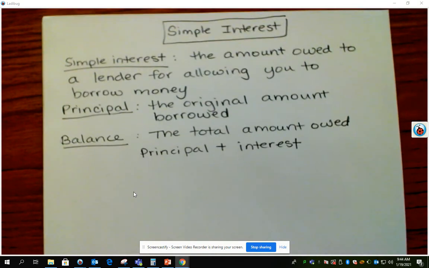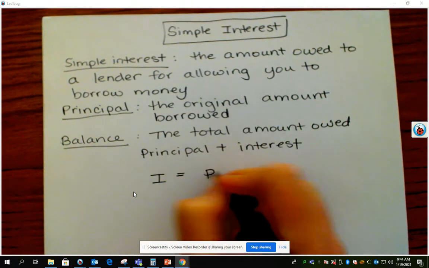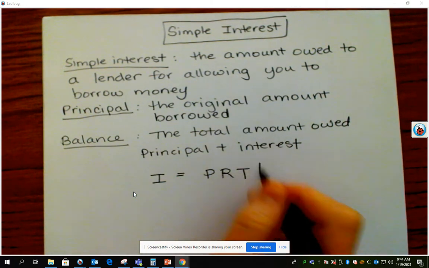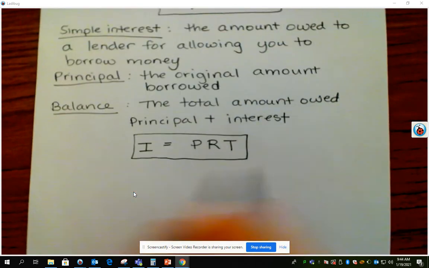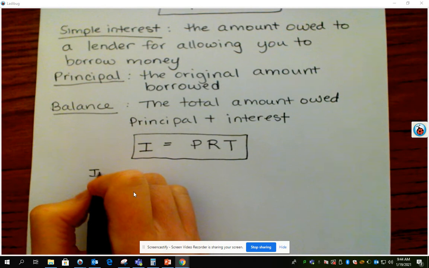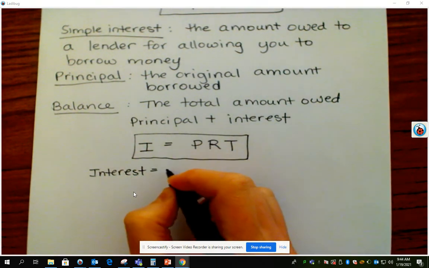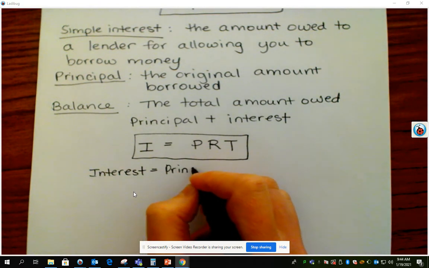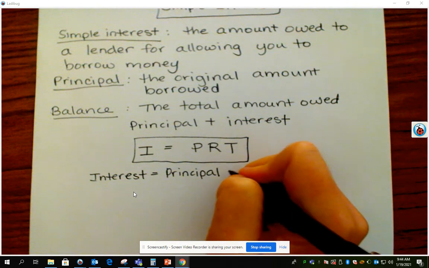Okay? Now the formula for simple interest is I equals PRT. Okay, that's our formula. And what all those letters stand for is I is interest, P is principal, so the original amount, and variables next to each other are being multiplied.